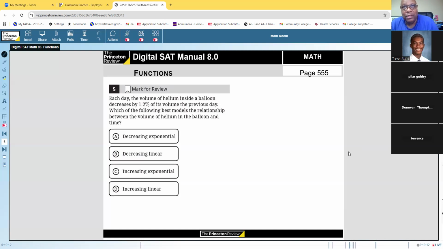So when it decreases, say it was 100, it decreased 12%. It's now 88. Then it's going to be 12% of 88. Yes, I understand. It's a different amount every day. Therefore, whenever you see a percentage problem, it's exponential on the SAT. And they're going to do it to you twice, and now you know how to beat it.